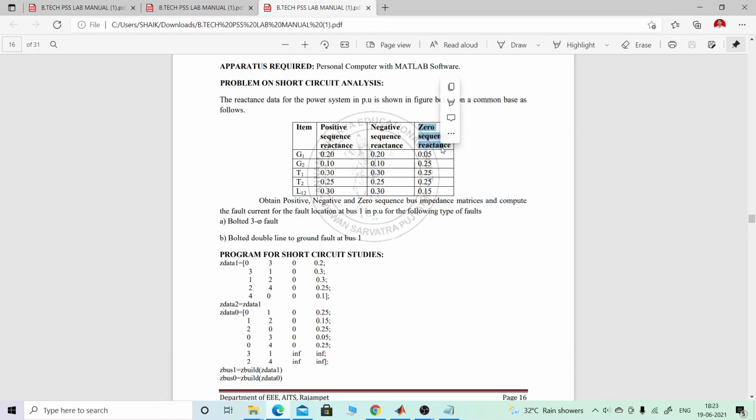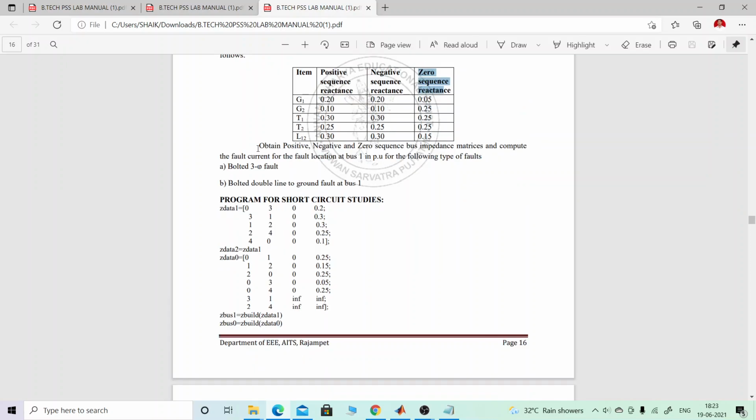As you know very well, the positive sequence impedance or reactance is the same as the negative sequence reactance or impedance, and the zero sequence reactance is not related to these two.